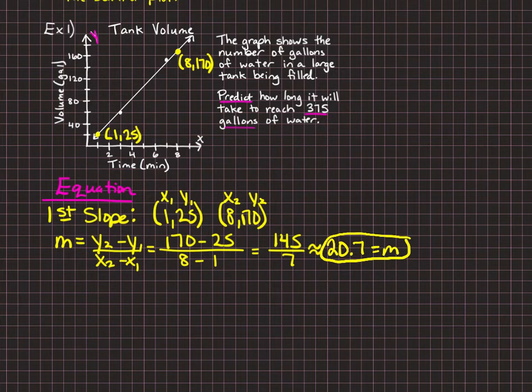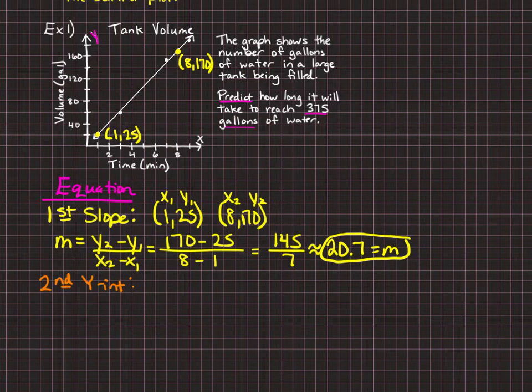Our second step, remember, is to find the y-intercept. Now, often we would go through, if we weren't given a graph, and we would use y equal mx plus b, plugging in slope and a point. But here we're given a graph.